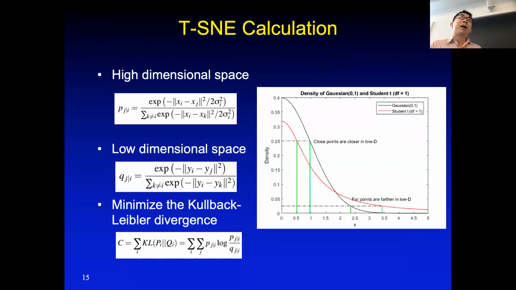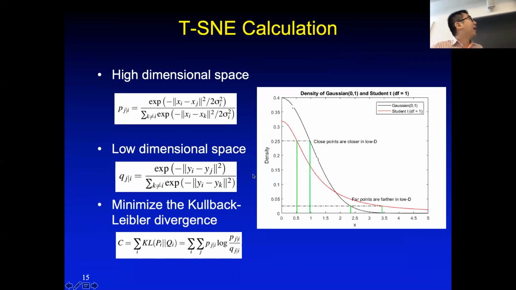Then we talk about how t-SNE is calculated. In the higher dimensional space, we can calculate the distance of all the other points to a specific point. Here, we name it P_j|i, where i is the point. These distances or probabilities can be modeled by a Gaussian distribution, here the black curve.